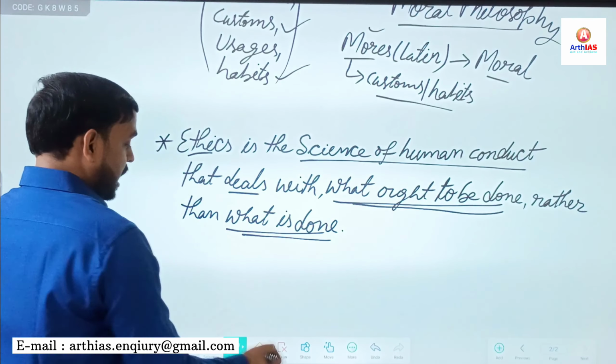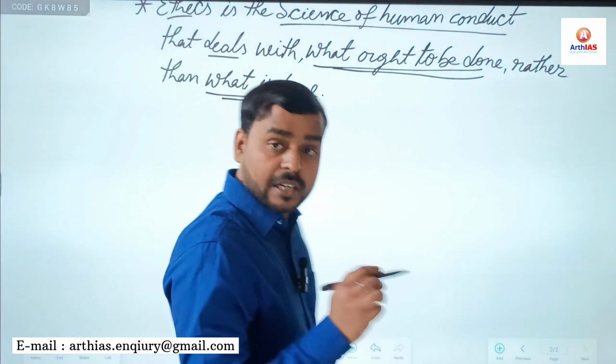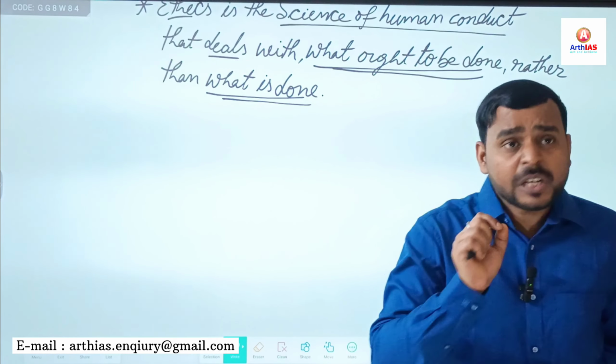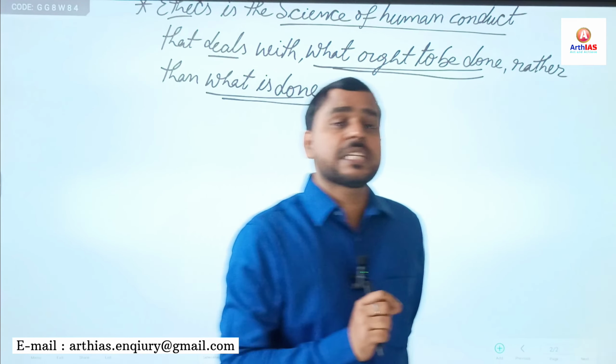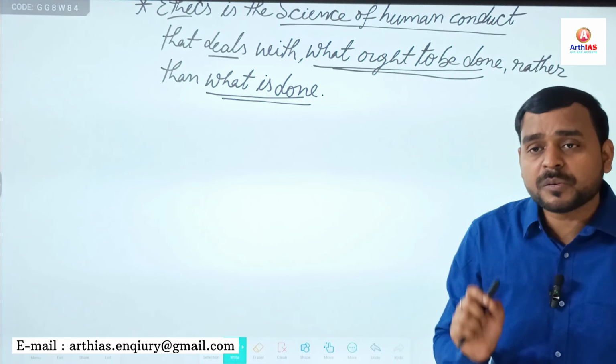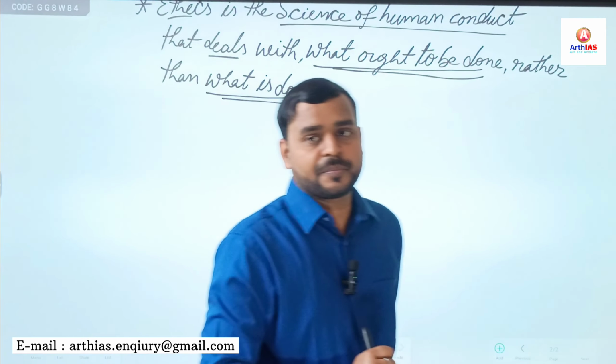See, apart from that, some philosophical perspective, right? So from the philosophical point of view, as I said, ethics is part of philosophy. So philosophy says that ethics is that branch of knowledge which deals with moral principles guiding human behavior, right?